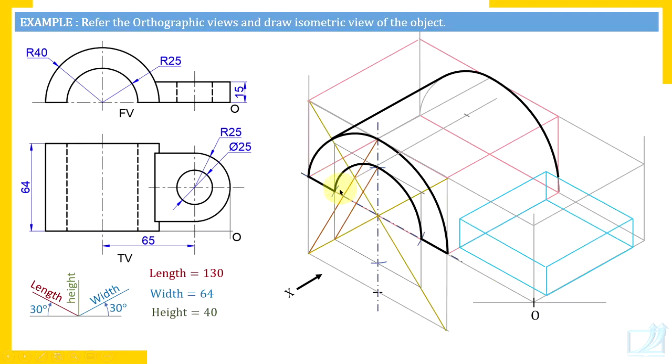Parallel to width there must be an edge. So set the roller with the width axis and draw that edge. You should not draw this edge from front to back because only the visible portion is to be shown. So through the opening, the portion which is visible, that you are going to show. Also from this corner, there must be an edge parallel to width, but this edge is only 7 millimeters long. So draw that 7 millimeter long edge.